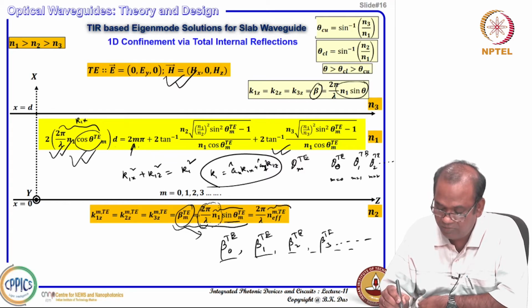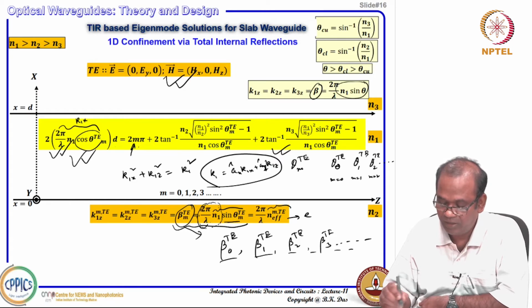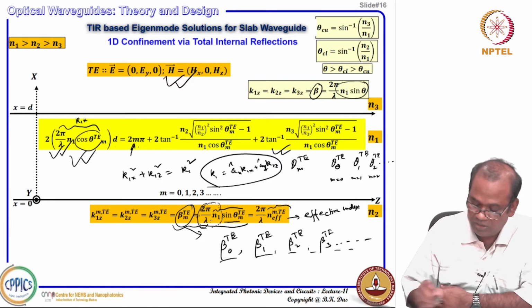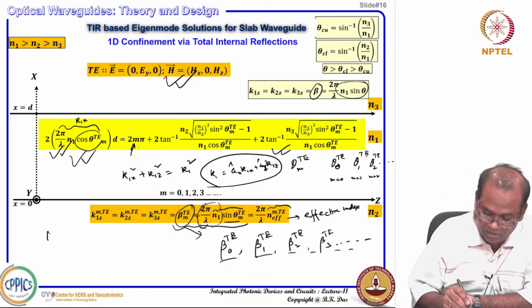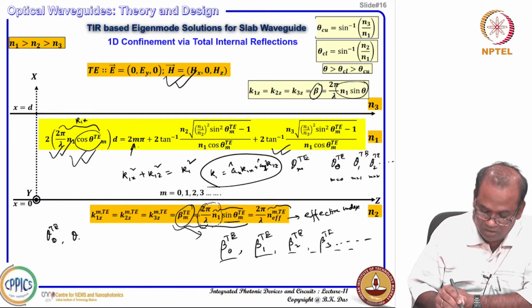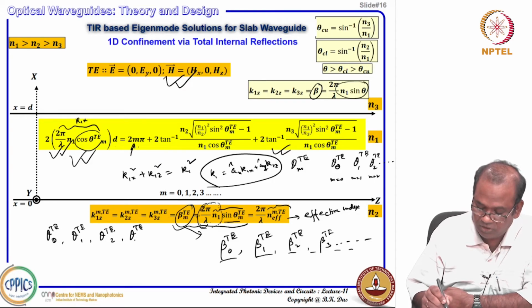These sin theta solutions I will be calling the effective index. n1 times sin theta is not exactly n1, but it is the effective index. So, since I have a set of theta TE 0, theta TE 1, then theta TE 2, and so on, these are the solutions I am getting corresponding to m equal to 0, m equal to 1, m equal to 2, m equal to 3.